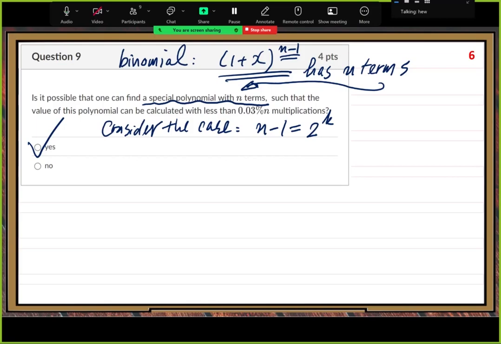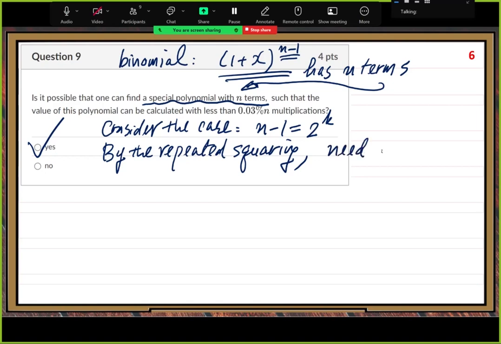Because in this way, when we calculate by repeated squaring, we need k multiplications, right?